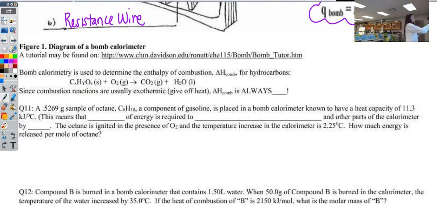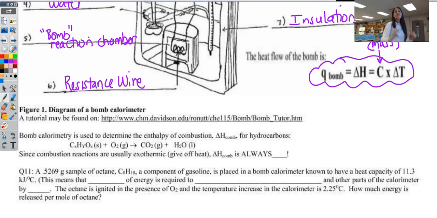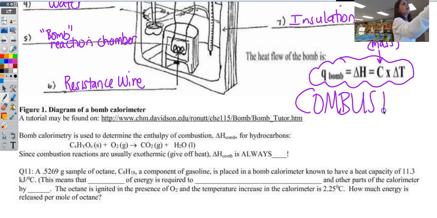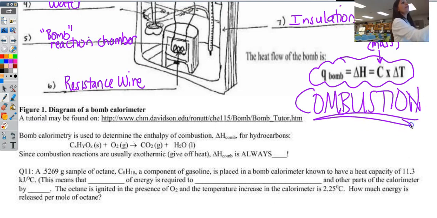First, I want to make sure that I mention what bomb calorimeters are used for. They are especially used for combustion reactions, and we know that combustion reactions are when things are burning. I want you to remember that.